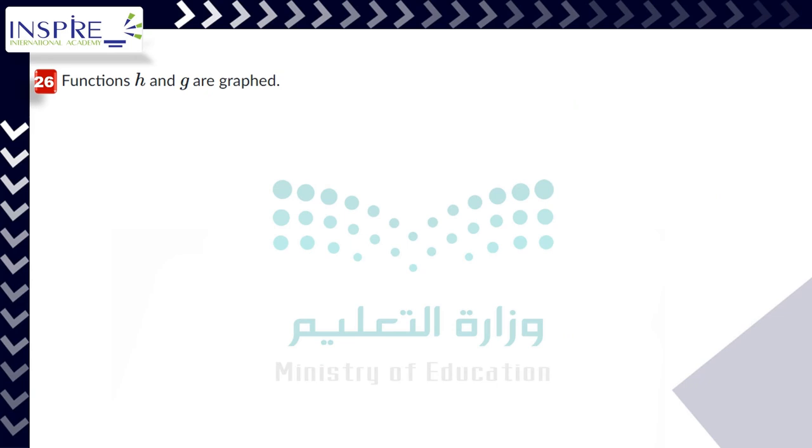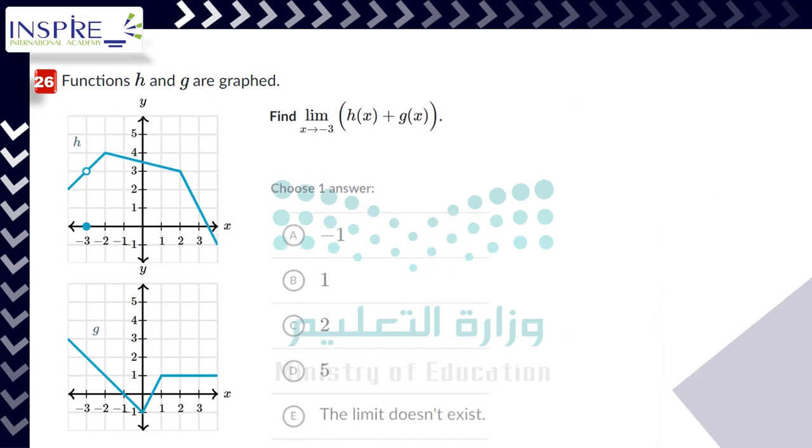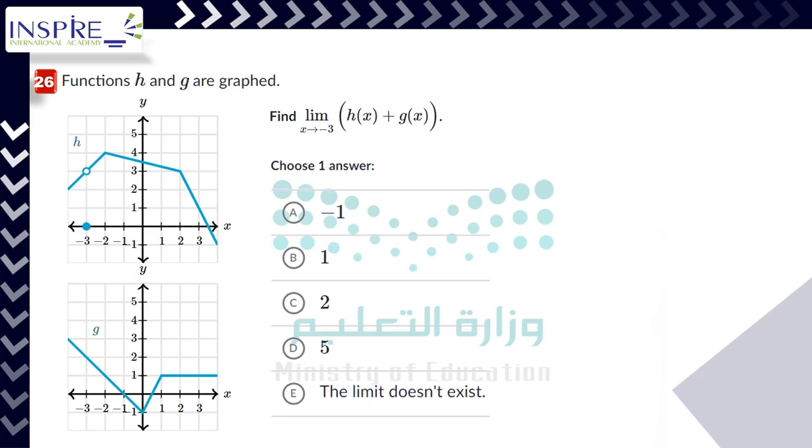Next question. Functions h and g are graphed. Okay. I need the limit as x approaches -3 for the sum of both of them. We will do the same. We will come to -3 at h, draw our line, trace it from the negative side, it's 3.